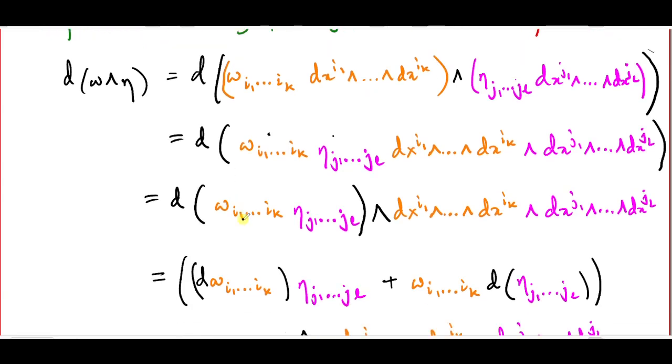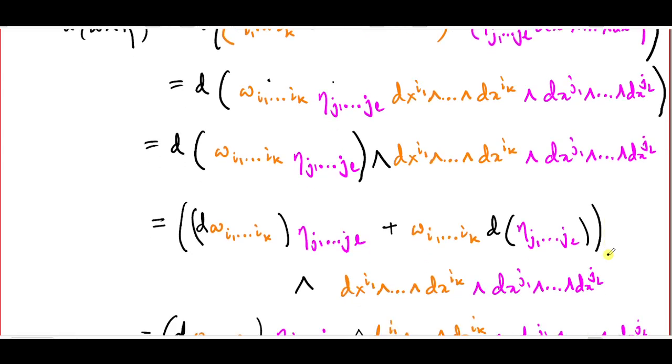Now, this is a product of two ordinary functions, and for them d is just the ordinary differential, and therefore this obeys the standard Leibniz property. This is d of omega I1 through Ik times eta J1 through Jl added to omega I1 through Ik times d of eta J1 through Jl.